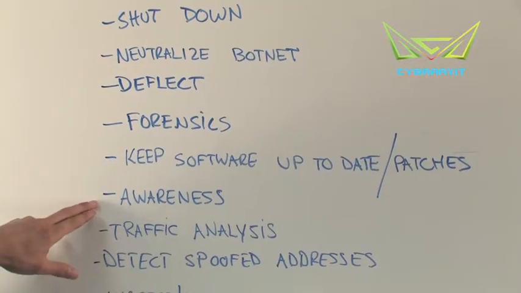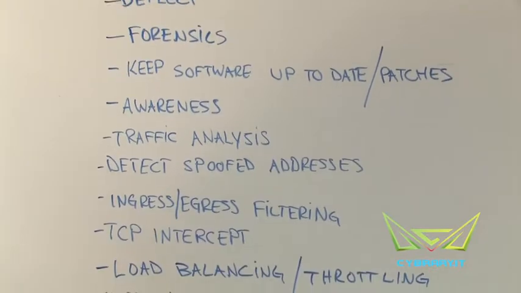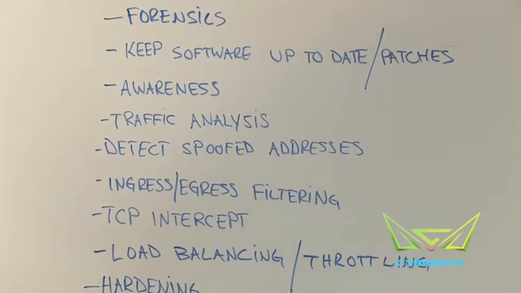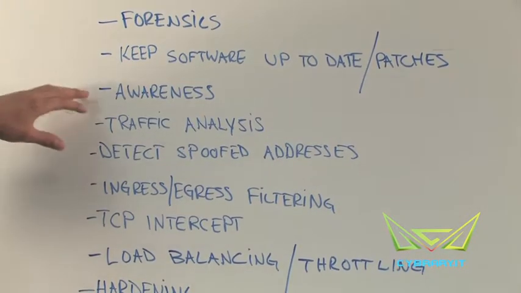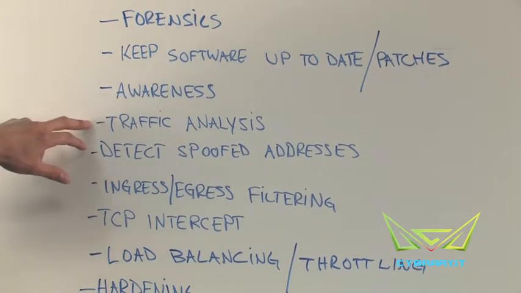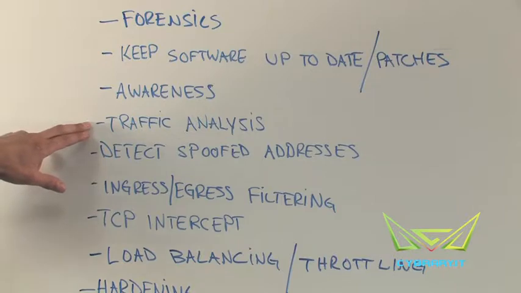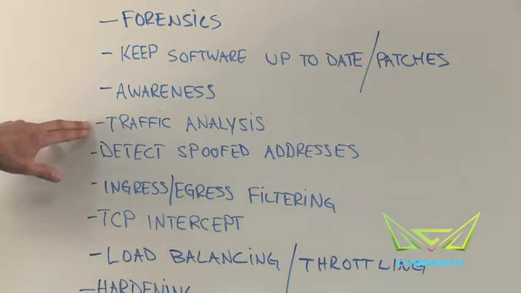Keep your software up to date, the latest and greatest software and patches. Good training awareness, don't allow people to install software that they don't trust from an unknown source, all of those best practices. Awareness. From a defensive point of view, you could just actively profile your traffic and see if there's any sort of botnet activity in terms of IP addresses or ports or websites, and perhaps block that in advance.